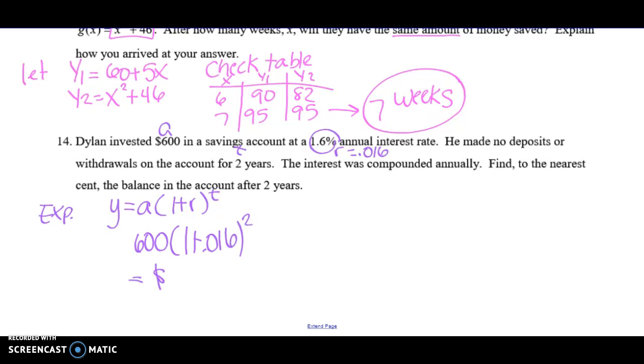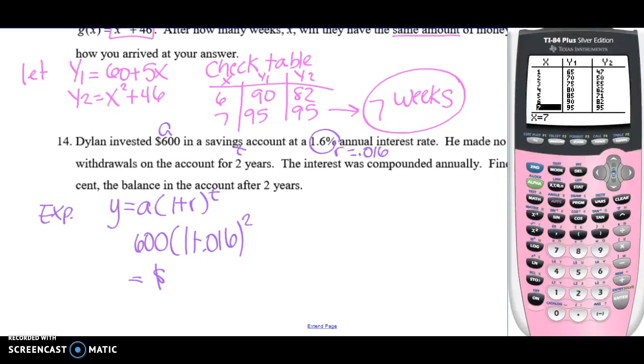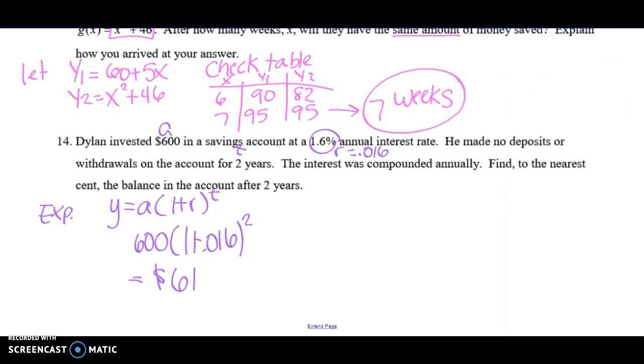How much money is in this account? So 600 times 1 plus 0.016 to the 2 is $619, and then to the nearest cent, 35 cents.